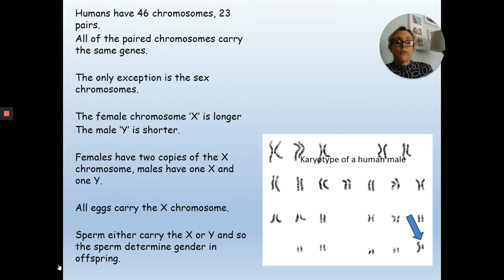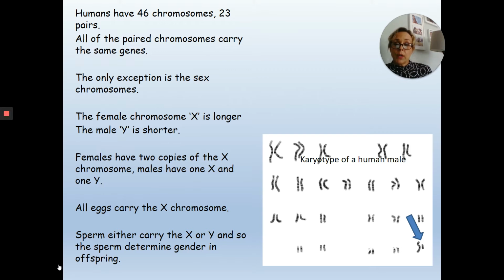So each of those pairs carry the same genes. So they're not identical in terms of the characteristics, but they carry the same types of genes on each of those pairs. The only ones that actually carry different genes, where there's a difference in the number of genes, are the sex chromosomes. These are the ones that determine your gender.